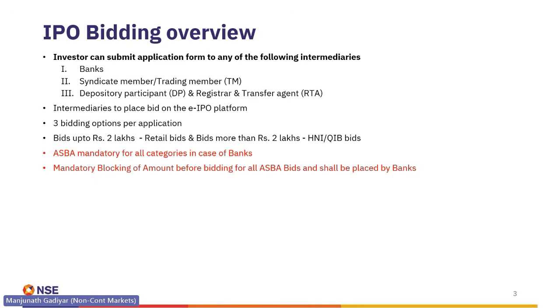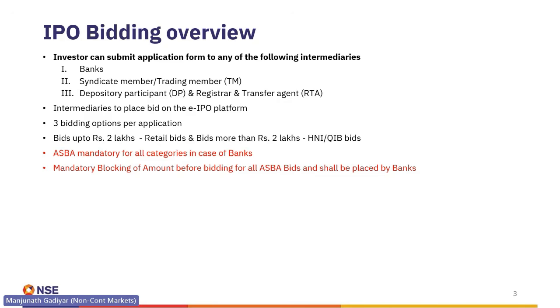Suppose the price range is from 100 to 105, you can place three different options, and the best option will be selected to go ahead for ASBA blocking. ASBA is nothing but Application Supported by Blocked Amount. Bids up to 2 lakh shall be retail bids, and bids above 2 lakh shall be HNI or QIB bids. In case of banks, ASBA is mandatory.